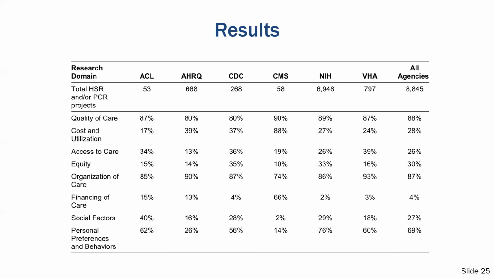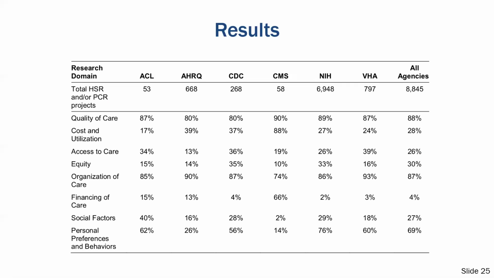I don't have the full results in this slide because there are a lot of them, but they're of course highlighted in the report, and reported how many were in scope of our environmental scan, how many were HSR, PCR, and what percent fit each of our categories of interest.